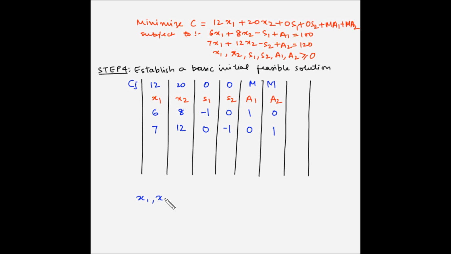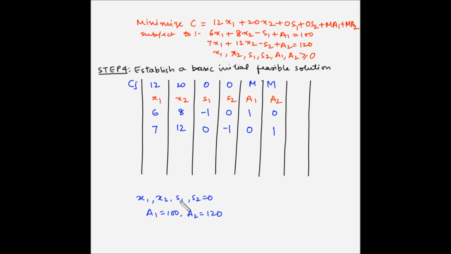Then we'll get a1 equals 100 and a2 equals 120. So a1, a2 become our basic variables, which are the non-zero variables.